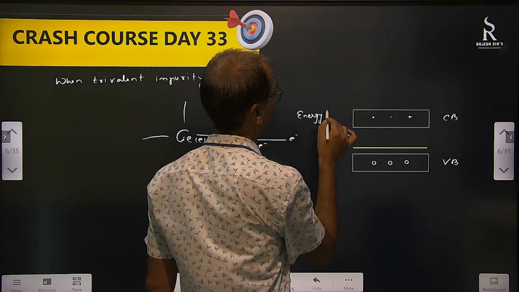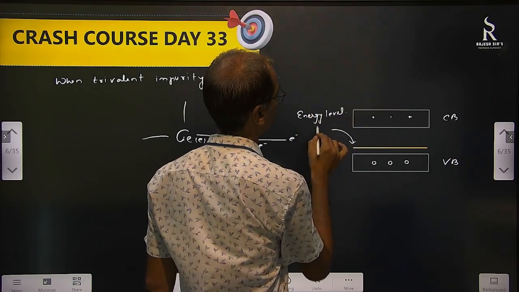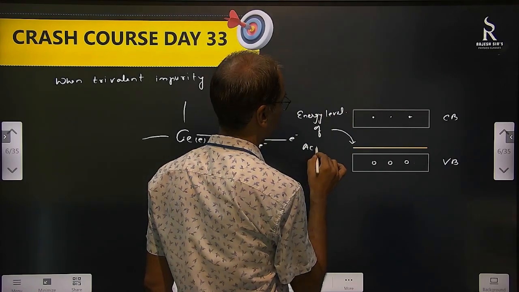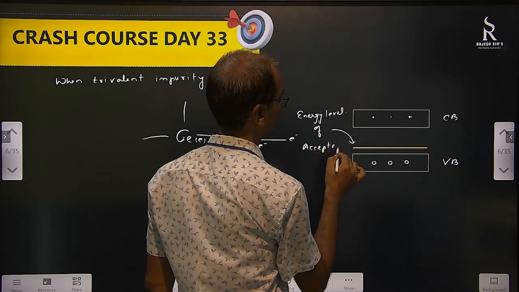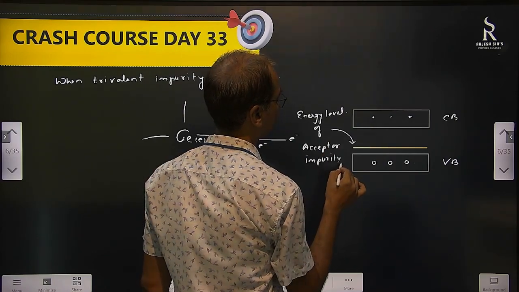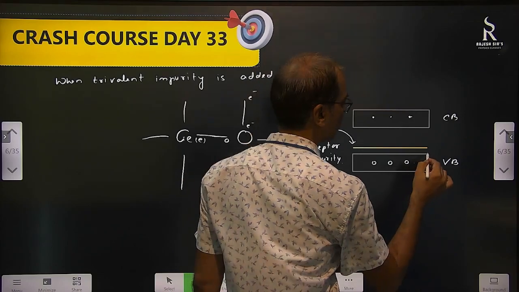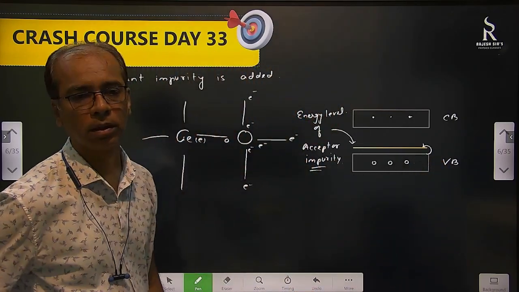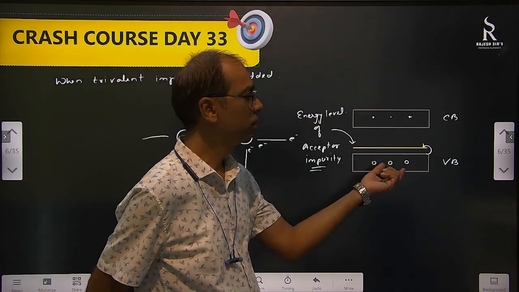This is the energy level of the acceptor impurity. Now here you see the energy gap is very small, so this level is very close to the valence band.